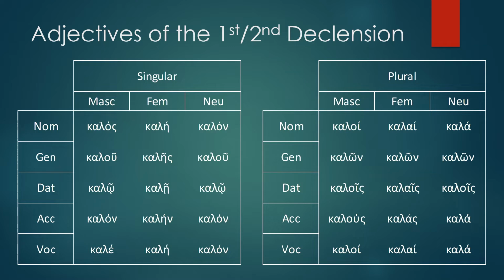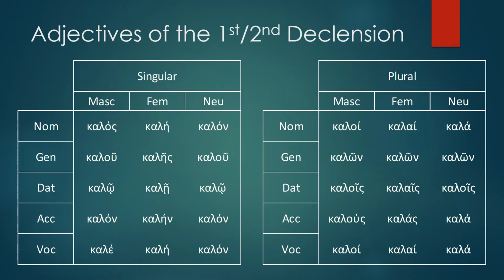Looking at the dative, notice how there's an iota subscript there. And, well, in Attic, we don't really pronounce the iota subscripts. Sometimes there's a slight I or iota sound, but I just leave it off. But kalo. And you can see how for the other datives, it's common to have that iota subscript.